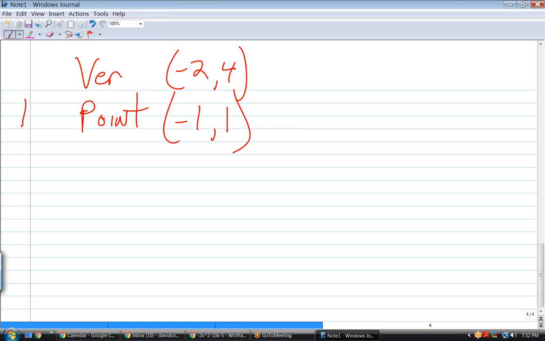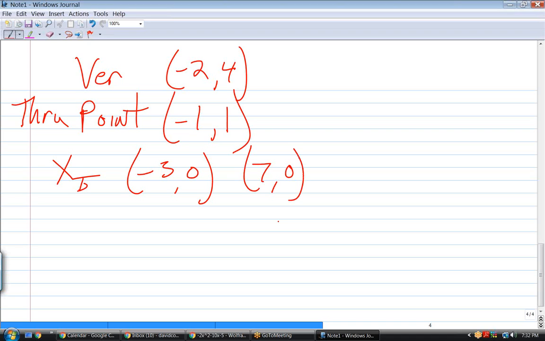And then it says the X-intercepts are -3, 0, 7, 0, and they go through the point 1, 1. What goes through the point 1, 1? The X-intercepts. Yeah, it doesn't make any sense. But let's figure out what we're dealing with here.